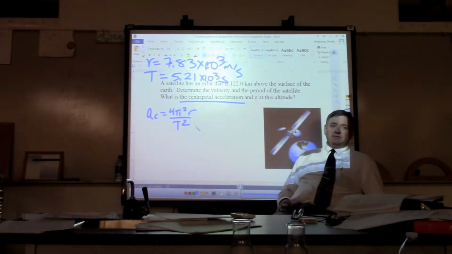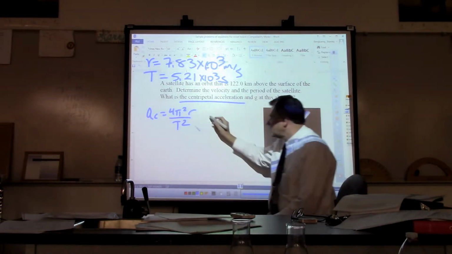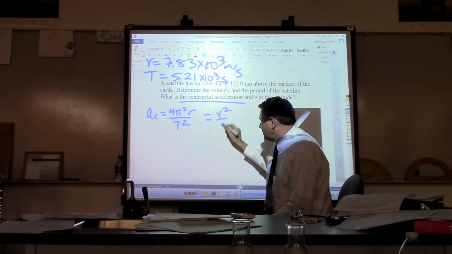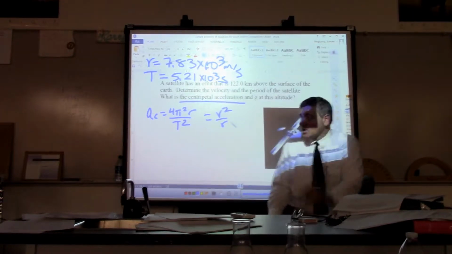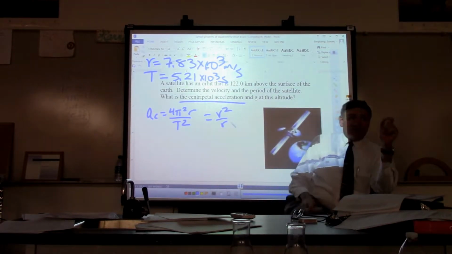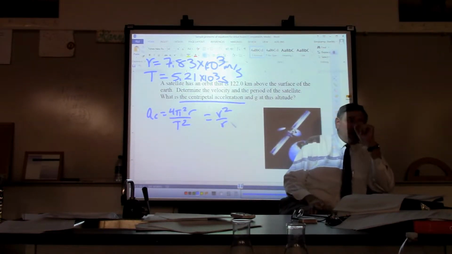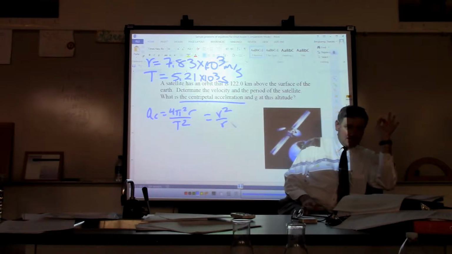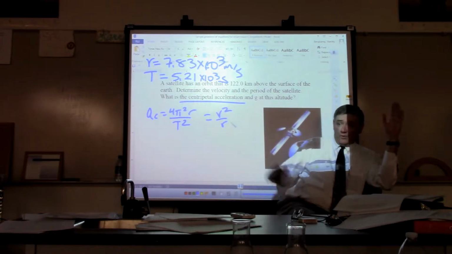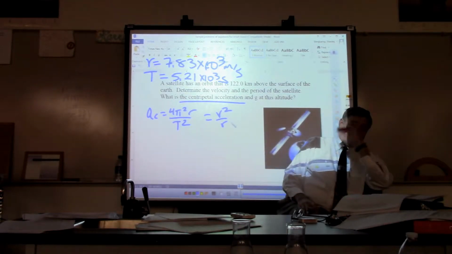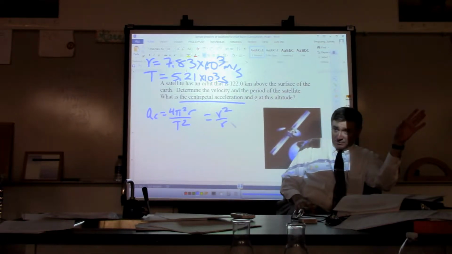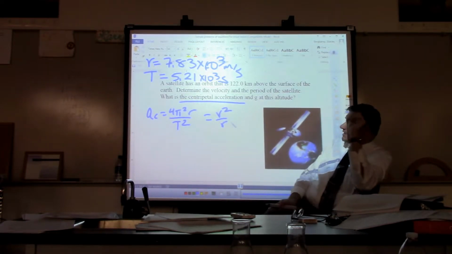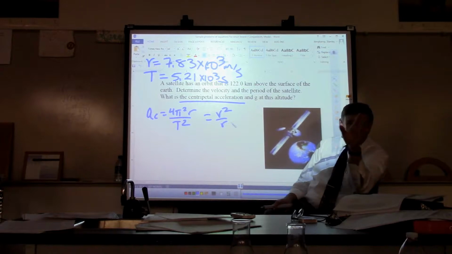Another option is v squared over r. Now again, what is this centripetal acceleration not dependent upon? The mass of the satellite. So whether this satellite is Hank the bowling ball or the International Space Station is going to be the same centripetal acceleration. So which one do you want to go with?